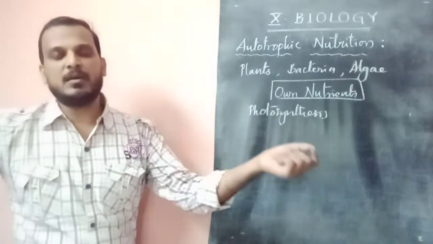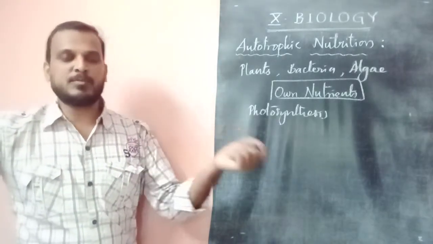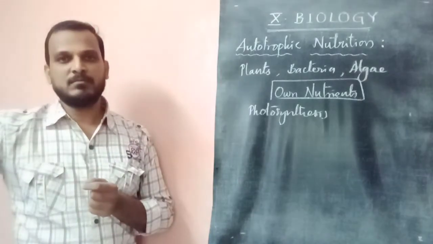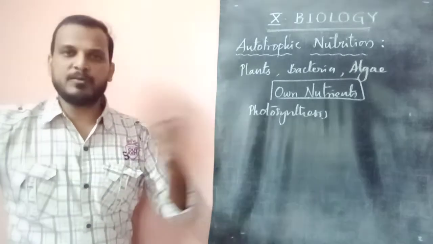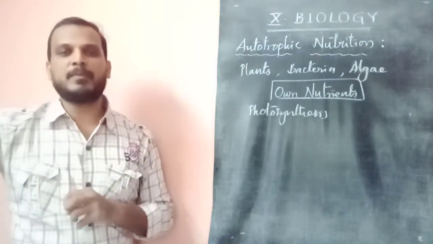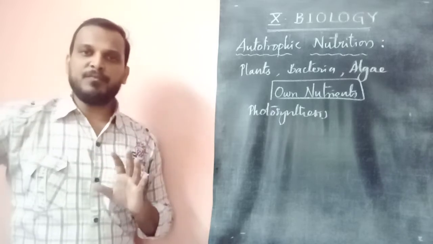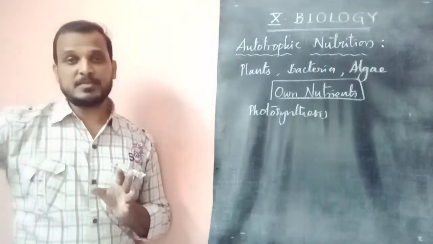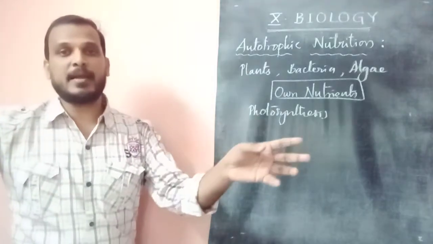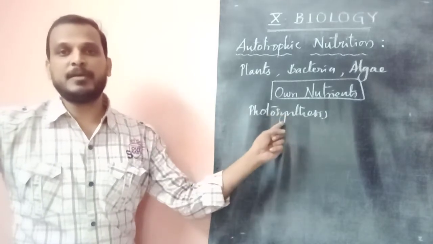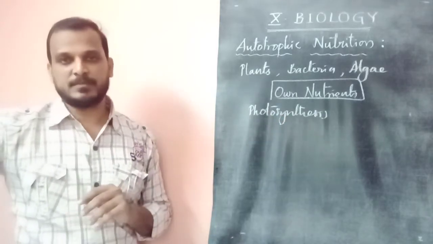Fishes depend on small algae or small plants living in the water. A hen depends on the food grains coming from plants. So every animal depends directly or indirectly on plants which prepare their own food by a process called photosynthesis.